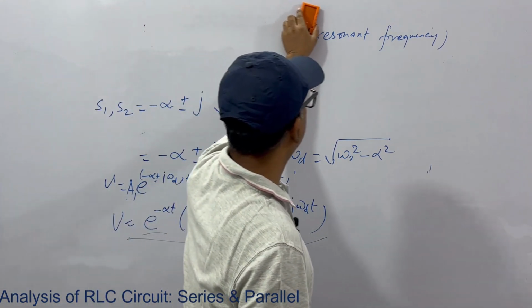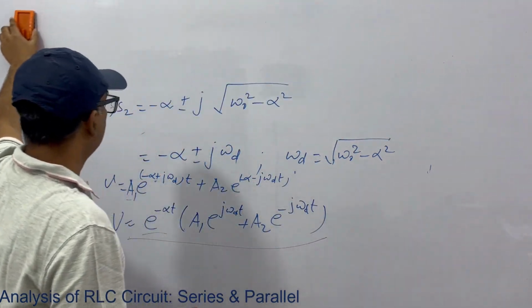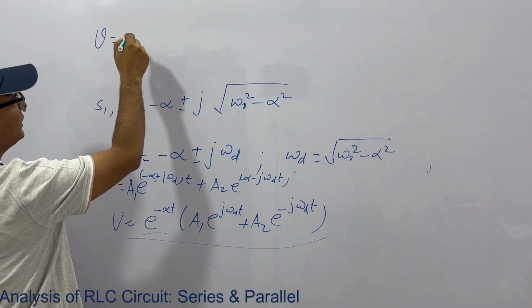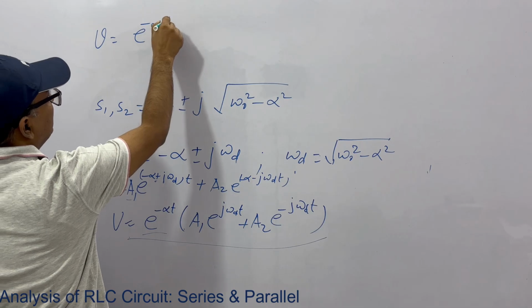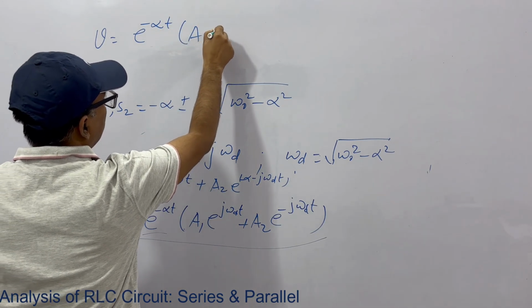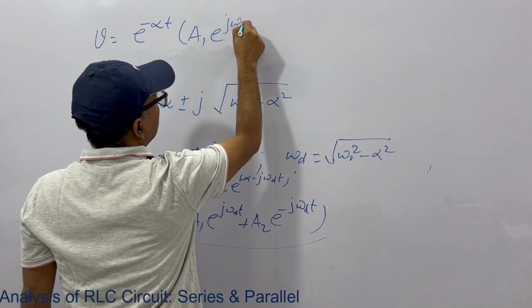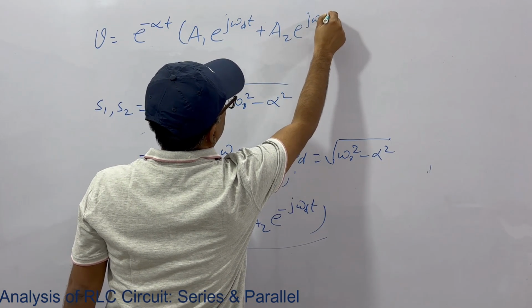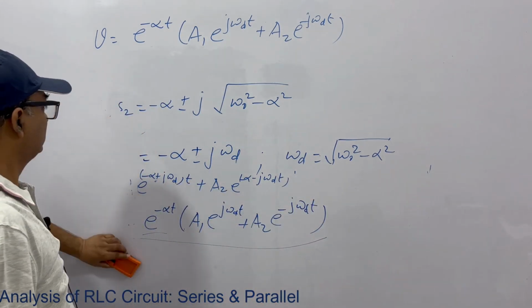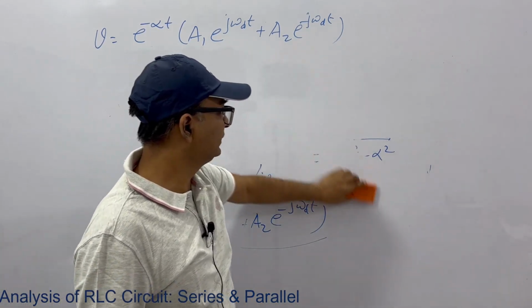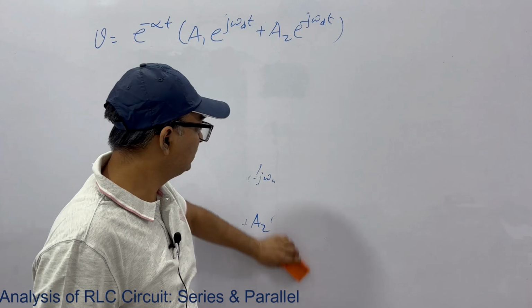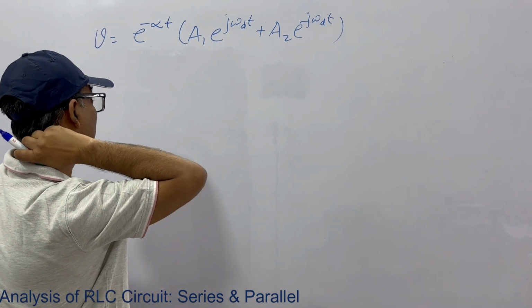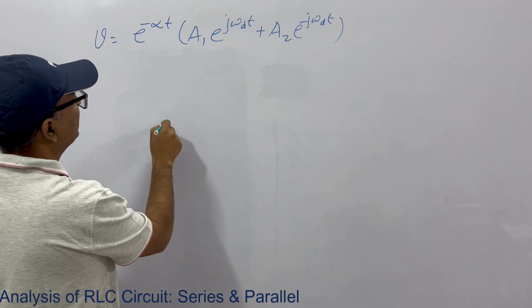I am writing it here. We'll break it into a more specific equation. See how: e to the power minus alpha t, a1 e to the power j omega d t plus a2 e to the power minus j omega d t. Now let's break it further. You know what e to the power j theta is?